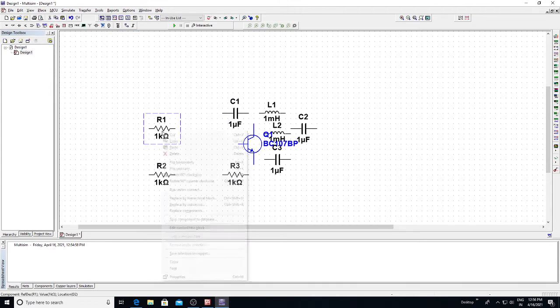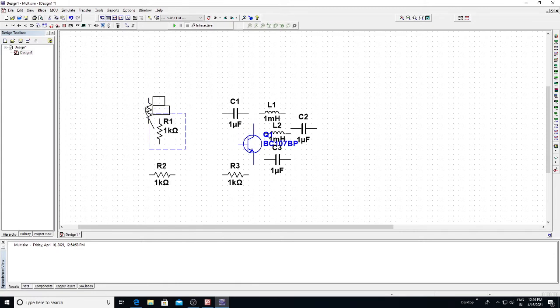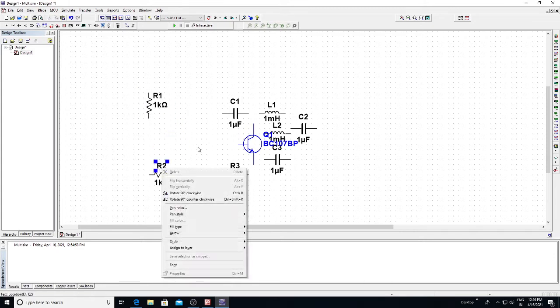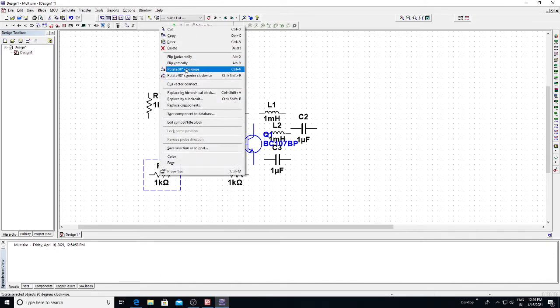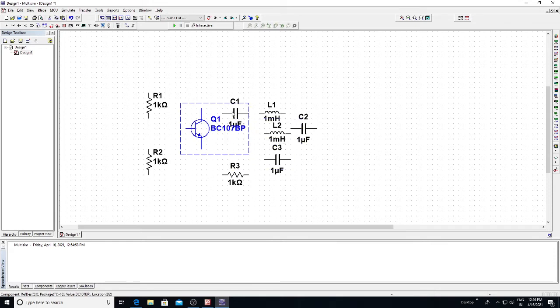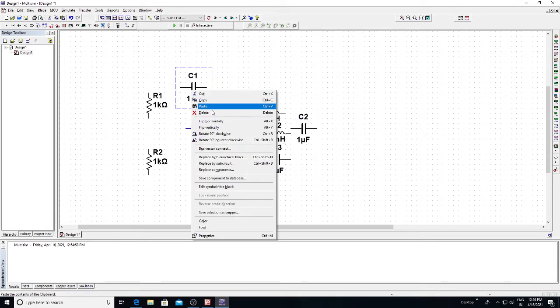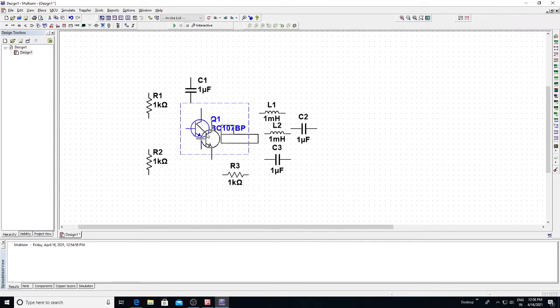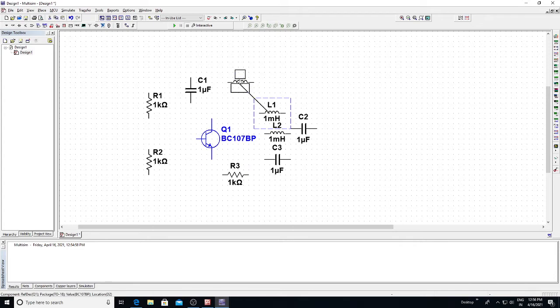So rotate this resistor in the clockwise direction. Now place the transistor here and change the capacitor here. Rotate this capacitor which is connected to the collector end, and we have two inductances which are connected in series.